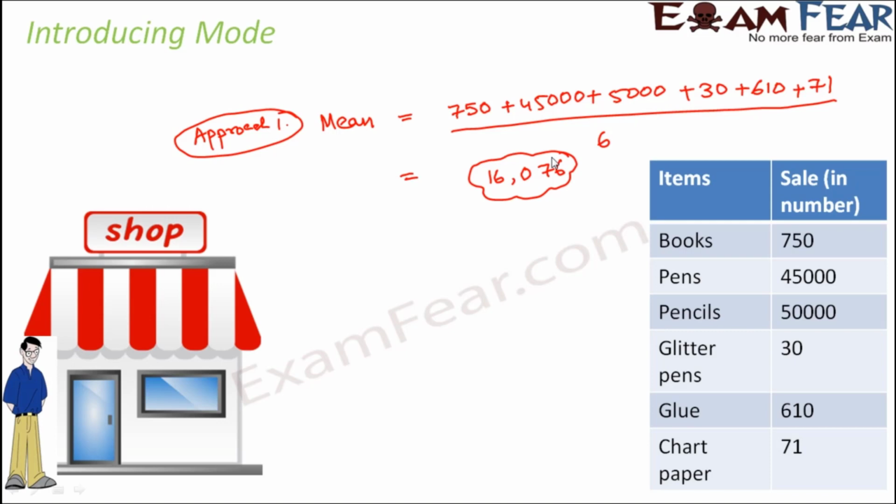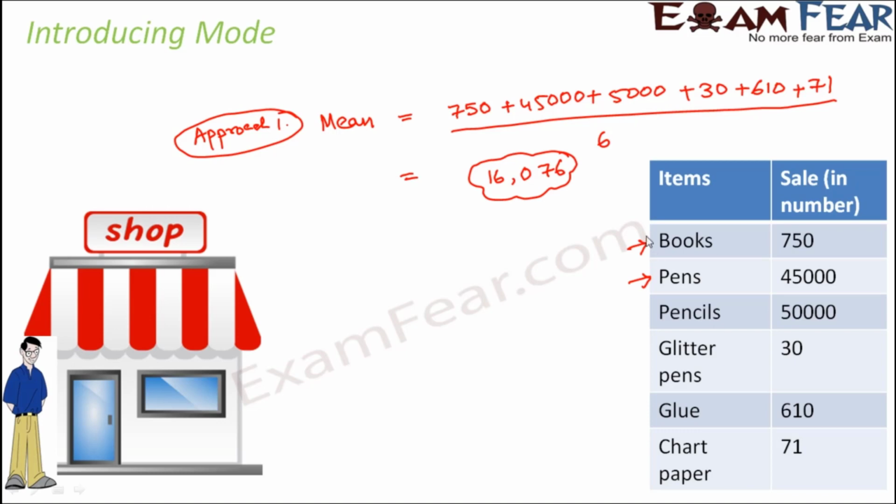Therefore, one option is that for the next year, he purchases 16,076 of all the items. He has calculated the mean from this data, and then plans that this year he will purchase all these items to build the inventory in the shop, but this time he will purchase everything in these numbers.